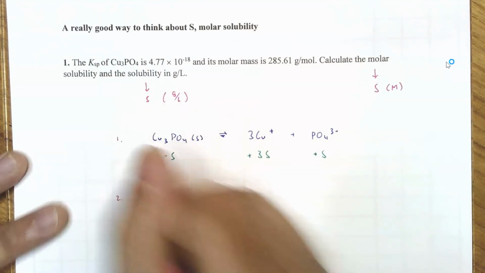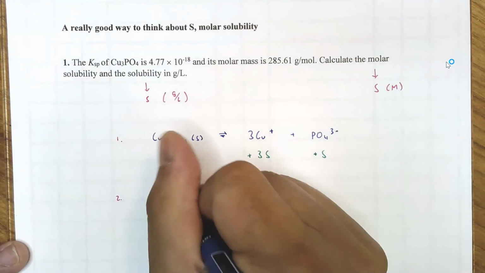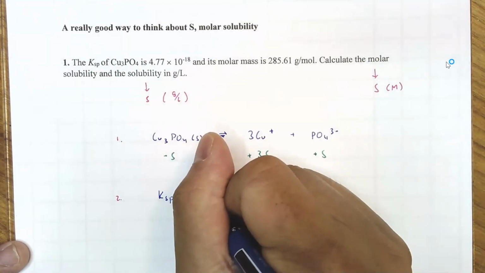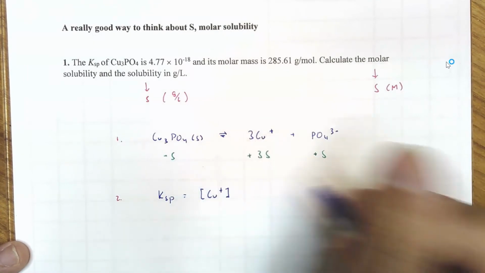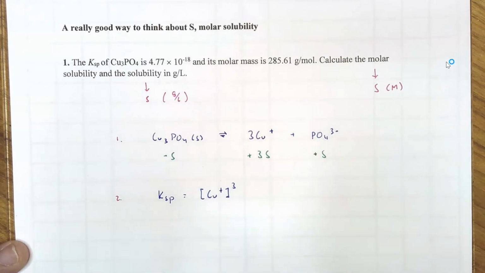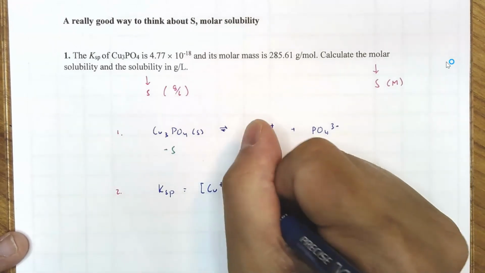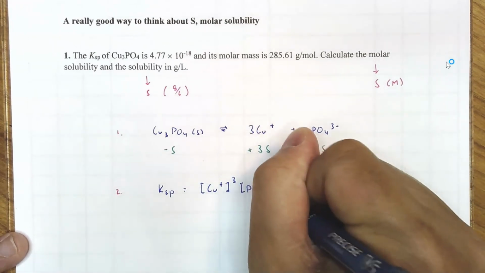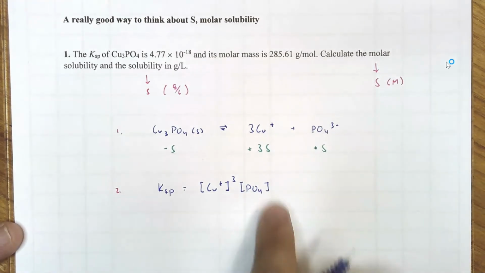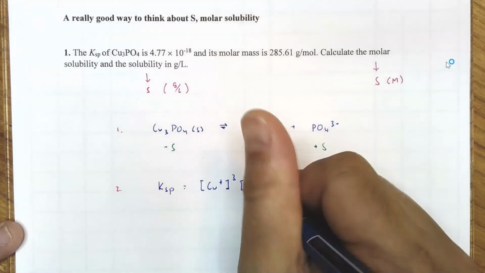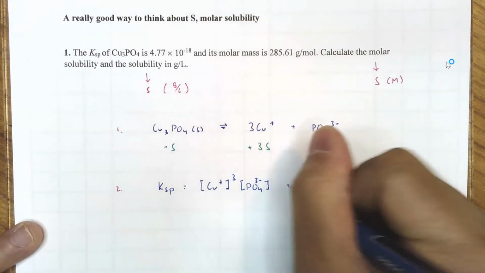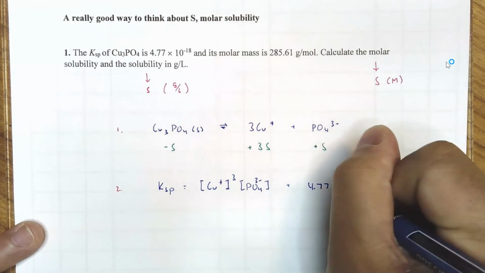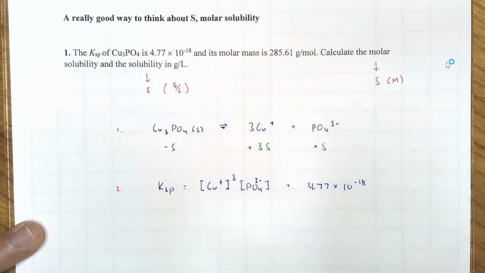The second step is to write your expression, because we want to make sure that we hit all the required exponents. That's cubed, and this is, there's no exponent, it's 1. Oh, and put 3 minus. Okay, now what are we doing? Well, this equals 4.77 times 10 to the minus 18.